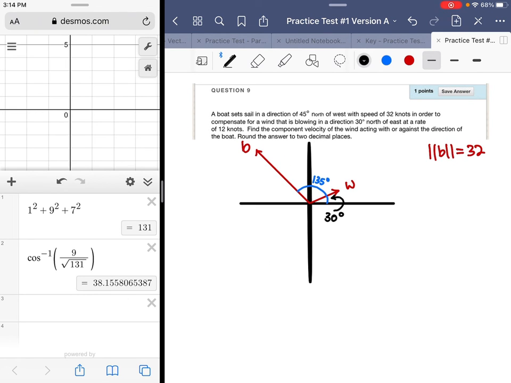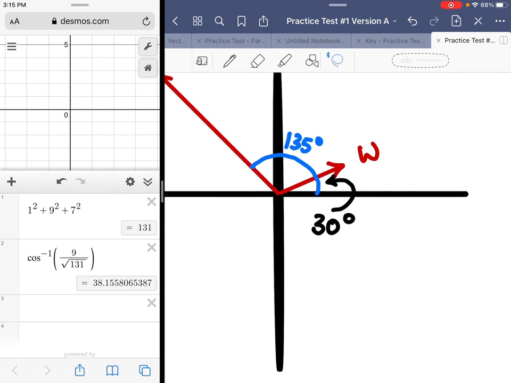All right. So we need the component velocity of the wind acting with or against the direction of the boat. Out of all the places I could have put that 30, I chose literally the worst place. So I'm just going to move that over a little bit.